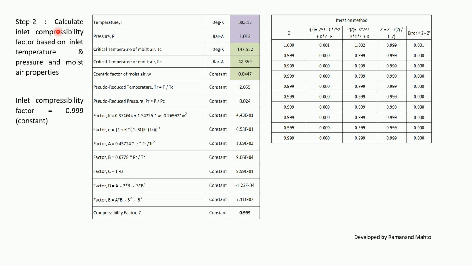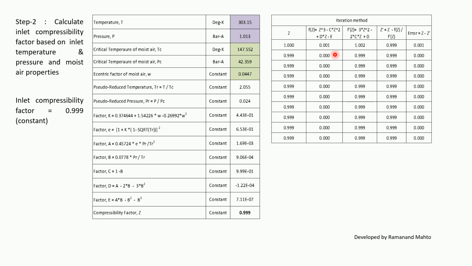Next step, calculate the inlet compressibility factor based on inlet temperature, pressure and moist air properties. Inlet temperature is 303.15 degrees Kelvin, pressure is 1.013, and these properties of moist air are known. So we can calculate pseudo reduced temperature Tr, pseudo reduced pressure Pr, factor K, factor E, factor A, factor B, factor C, factor D, factor E. Once factors C and D are known, the iteration method can be used.